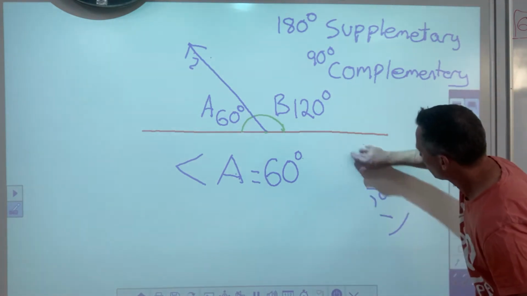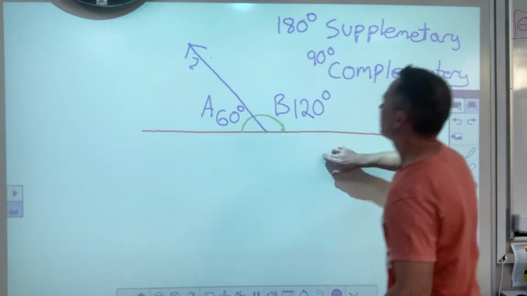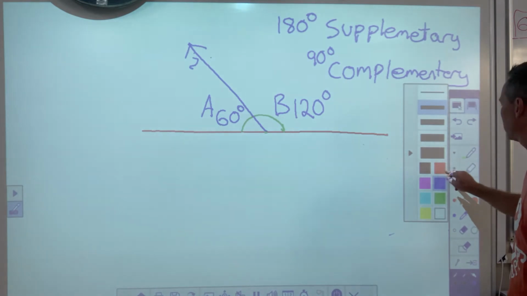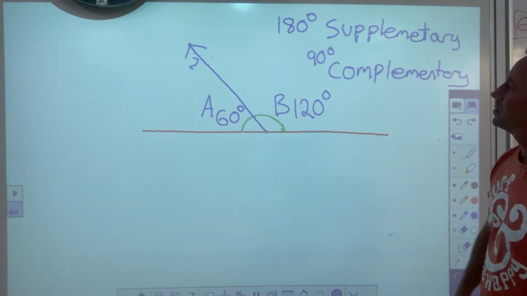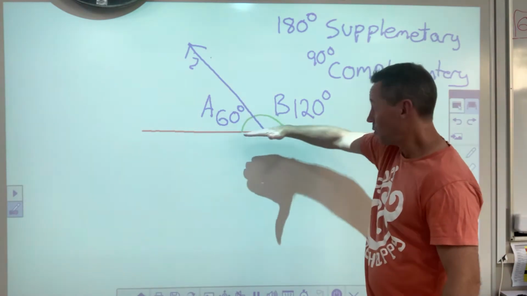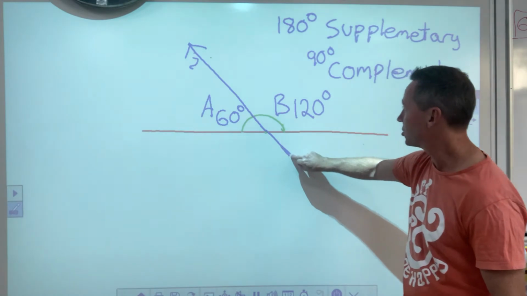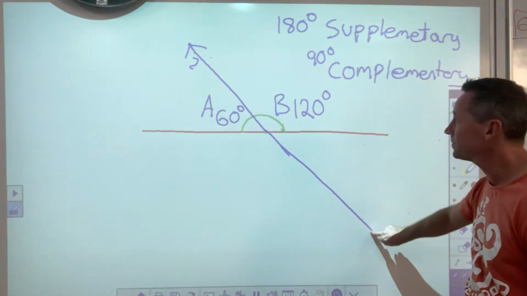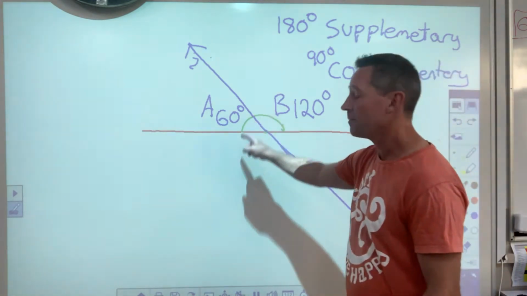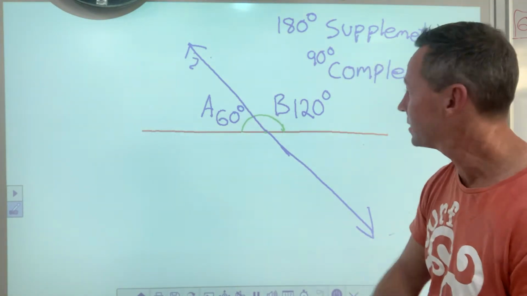Just on that one, I'm just going to do something whilst I've got this on the board. If I happened to continue this ray below this angle here, if I continued it straight like this, we know angles in a circle add up to 360 degrees.